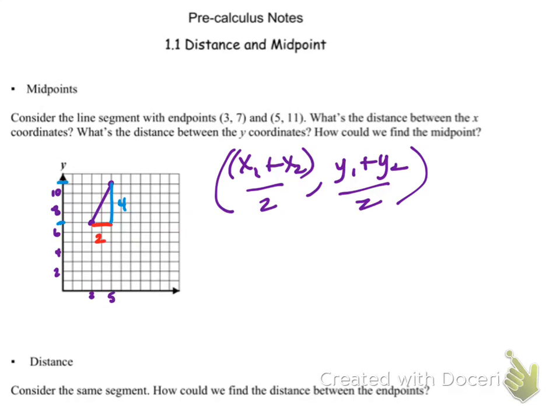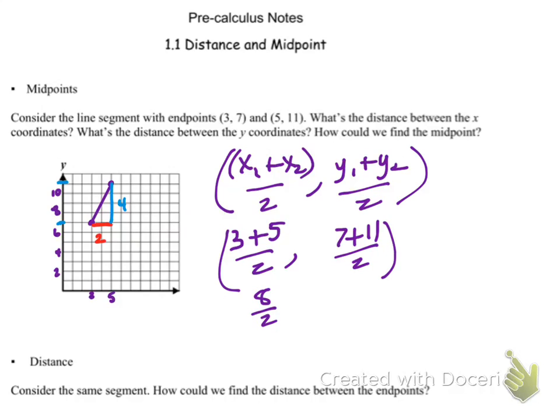And so if I were to find the midpoint, I would plug in my two x values, 3 plus 5 divided by 2, and my y values, 7 plus 11 divided by 2, and 3 plus 5 would be 8 divided by 2, 7 plus 11 would be 18 divided by 2, and so I would end up with 8 divided by 2 is 4, and 18 divided by 2 is 9. So I have a midpoint at the point 4, 9.